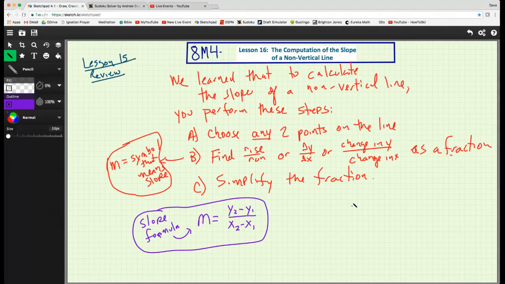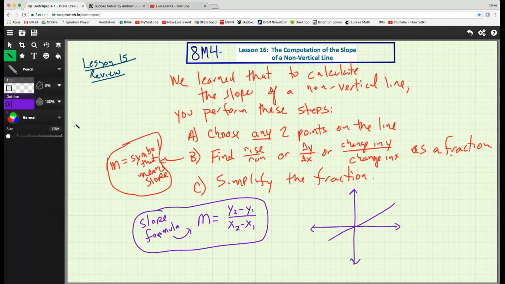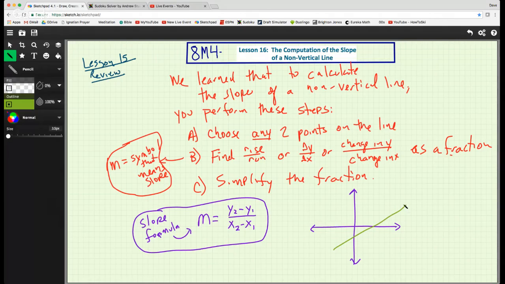Okay, so if we have our axis, and on that axis we have a line that looks like this. Why did it not draw it in green? I don't know. Let's make it green. And we have a line, and we have a point right here, and a point right here.